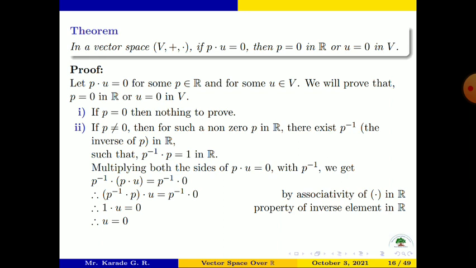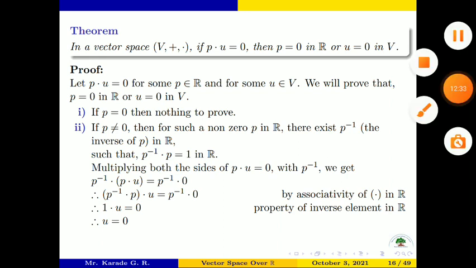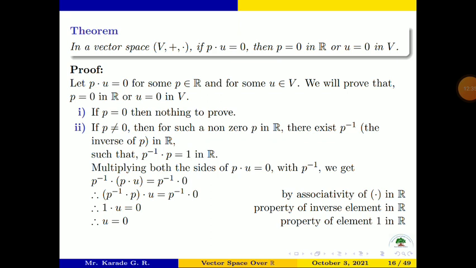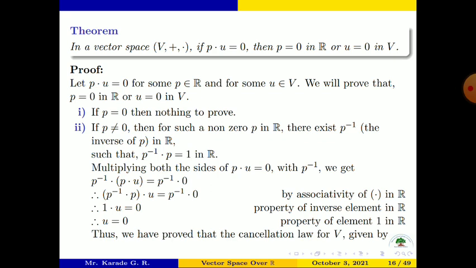This is the proof of this property. Thus we have proved the cancellation law for V: P u equal to 0 in V for P belongs to R and U belongs to V, then either P is equal to 0 or U is equal to 0.